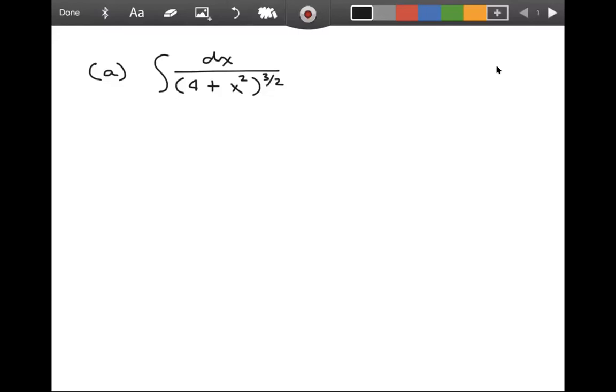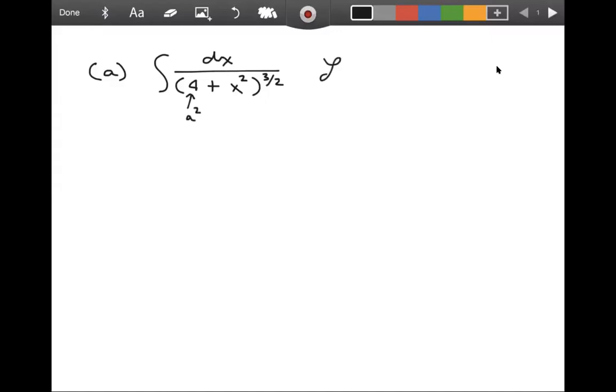So we can still use the substitutions that we were just talking about. So this one is the most like the form square root of a squared plus x squared. So the substitution for that is x equals a tangent theta. In this case, a is 2 because a squared is 4.